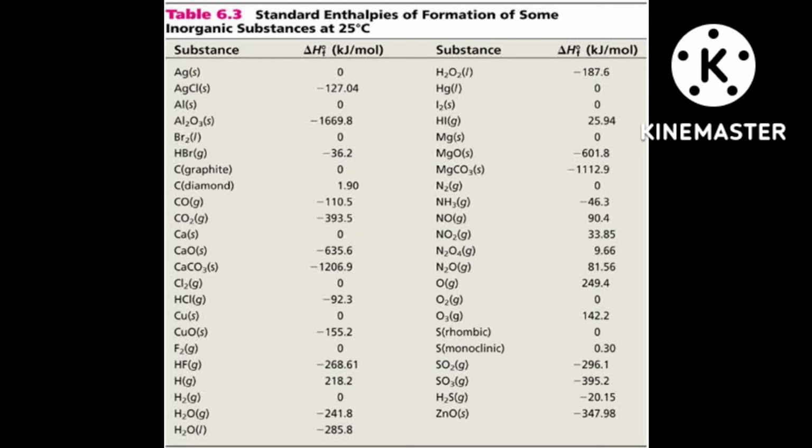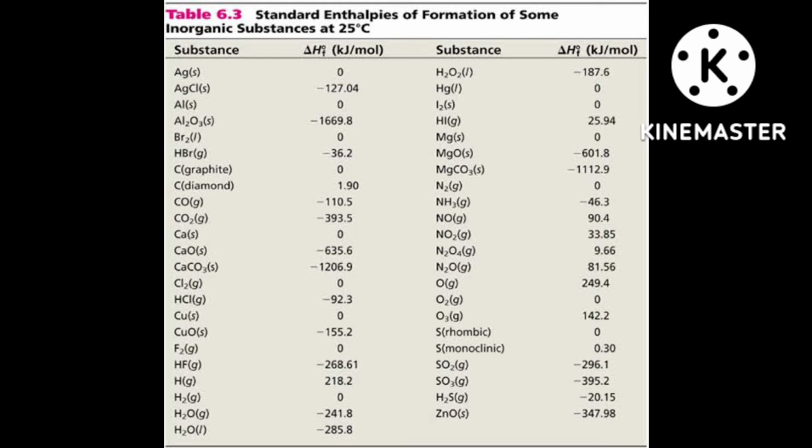The least is chlorine, 121, and the middle is hydrogen, 217. If you supply only 121 kilojoule per mole, chlorine will convert to the chlorine atom.